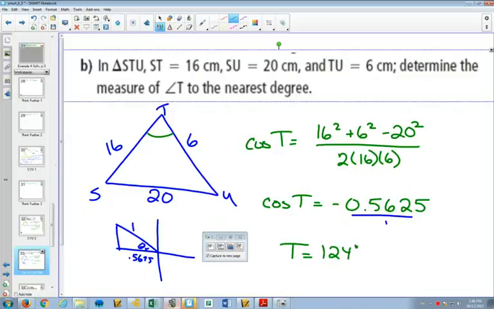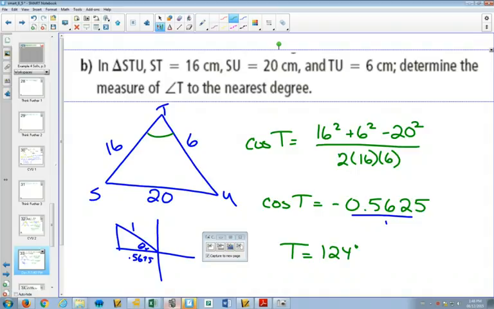It doesn't help you find the answer in quadrant 3, but the answer in quadrant 3 in a triangle question won't make sense because it's more than 180 degrees. So your calculator, if you get a negative value for cos, will find the right answer in quadrant 2. What we did in 6.1 and 6.2, you would still need to find your reference angle first, and then you could find your answers in quadrant 2 and quadrant 3.